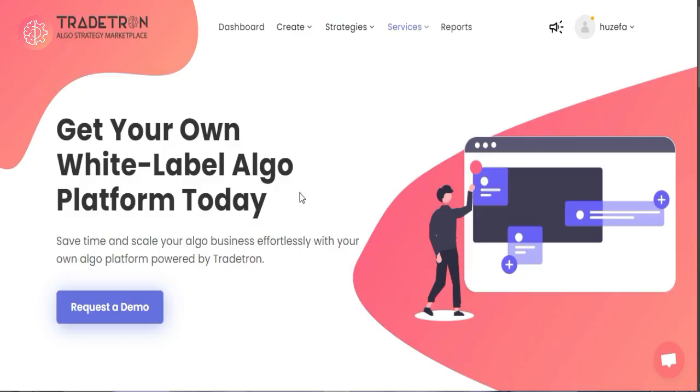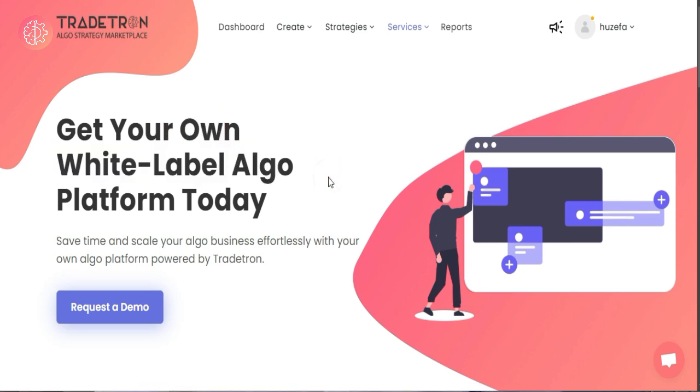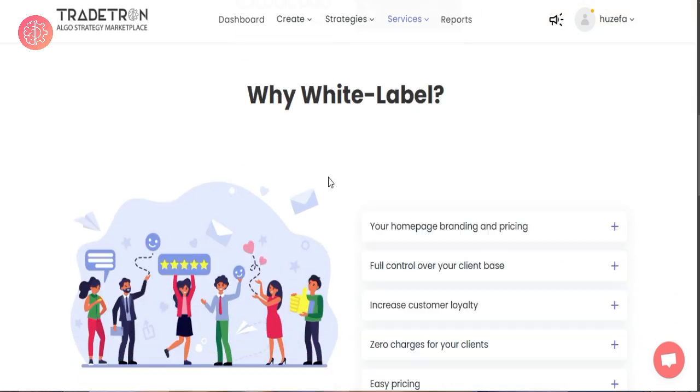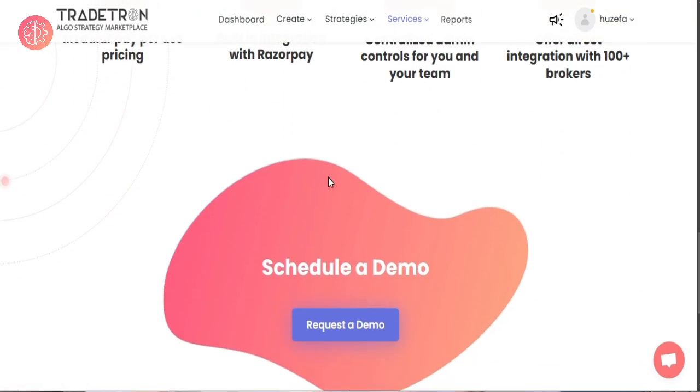What opportunities does it bring to sub brokers and brokers? Sub brokers and brokers can utilize services that we offer on Tradetron, like the white label service, where they can offer their own algo platforms by creating strategies on Tradetron and offering those strategies on their own privatized marketplace.